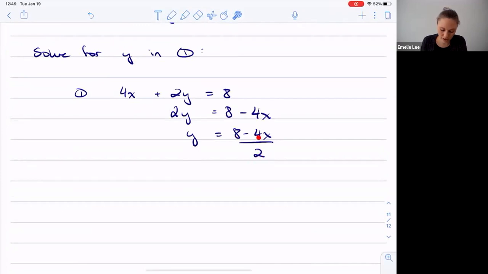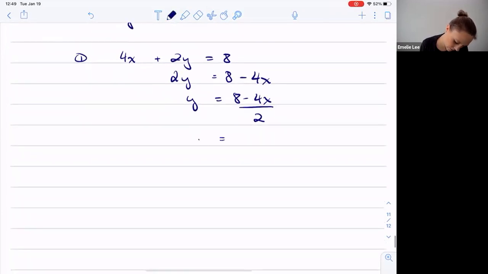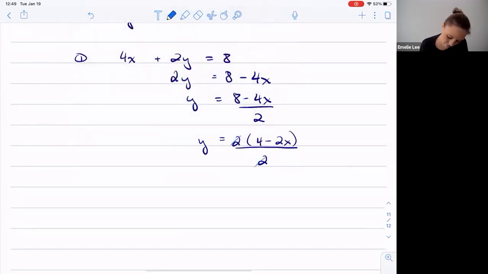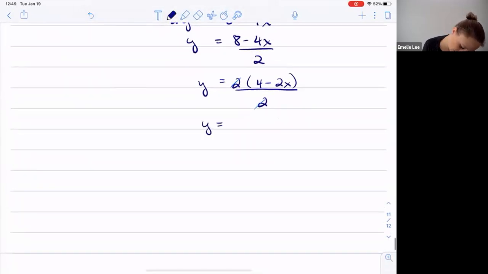I need to extract a common multiple of 2 here, so I factor out a 2: 2 times 4 minus 2x, divided by 2. So that's going to go away. Then I have y equals 4 minus 2x.